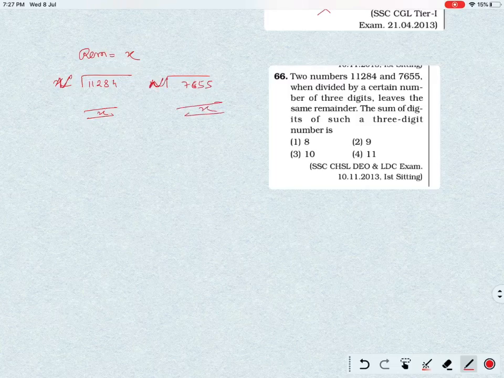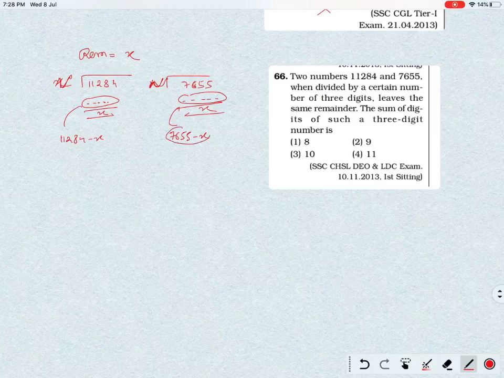Here also the remainder is x. So to get this value, we'll subtract 11284 minus x. Here it will be 7655 minus x.